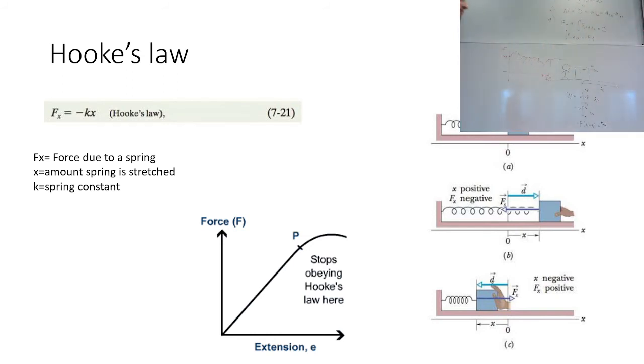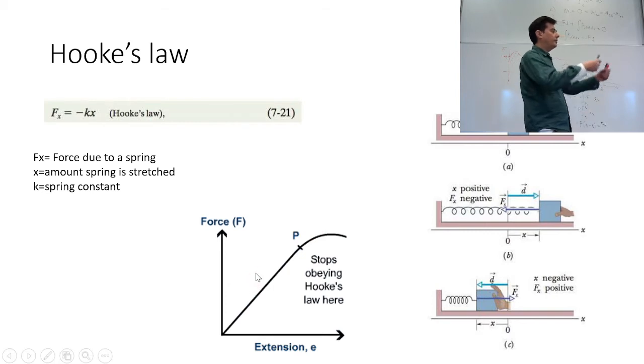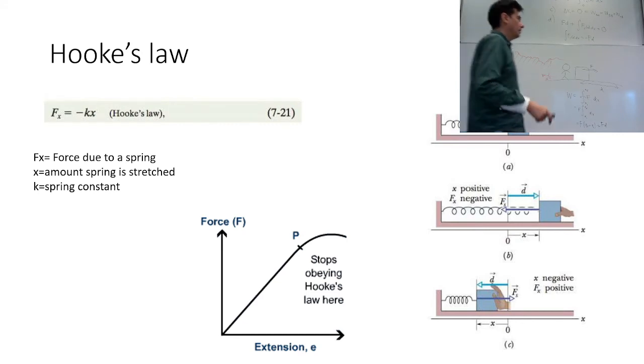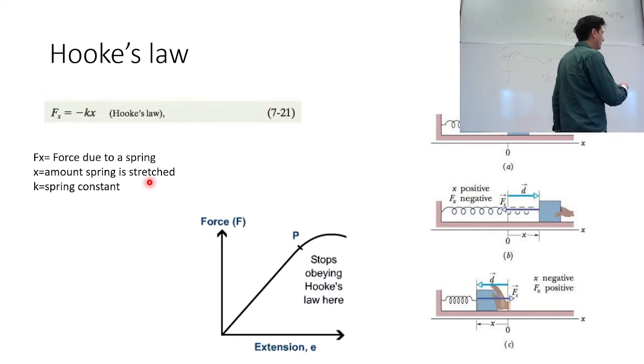There's a kind of phenomenological law that Mr. Hooke found, which is that the force is proportional to the distance. The amount of force you have to apply to counteract the spring force is linear with the displacement.